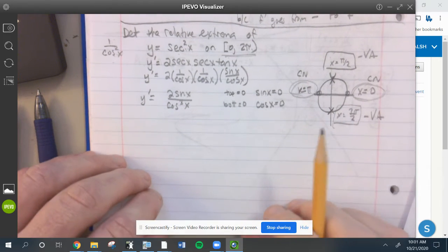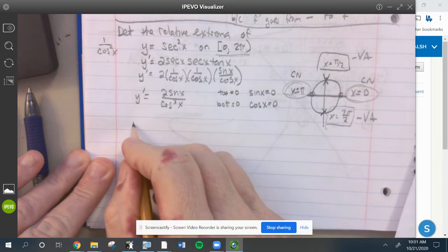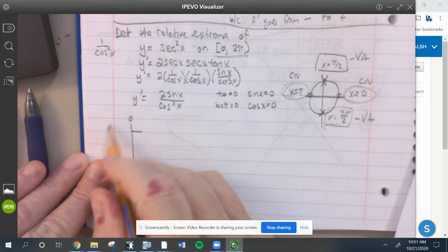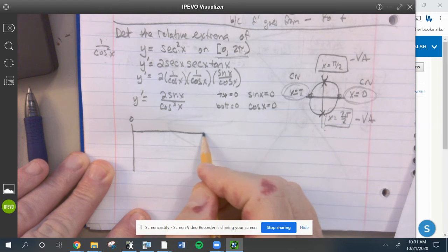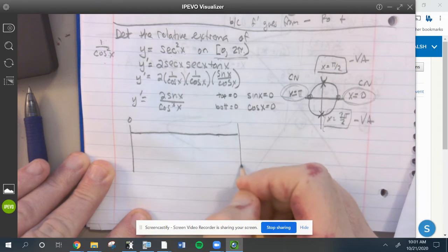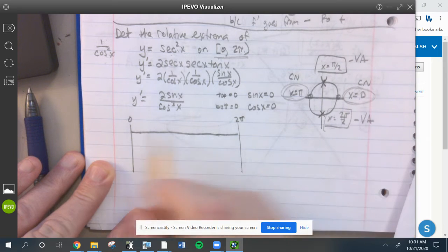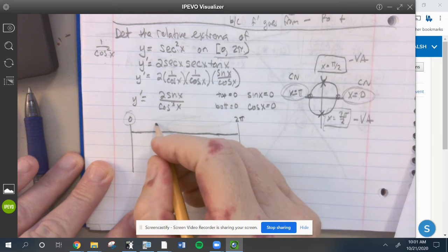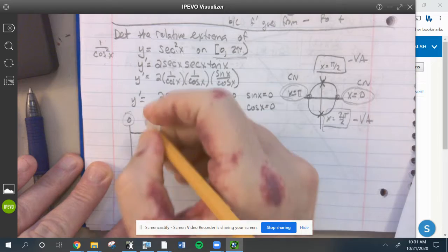So now I'm going to make my chart. For trig, I'm starting at 0, so I can't really use anything over here, and I'm ending at 2 pi. My critical numbers are 0, that's a critical number. Pi over 2, that's an asymptote.